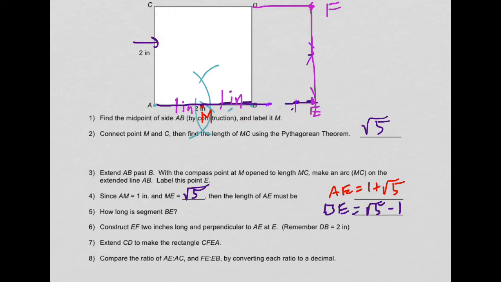And number 8 is compare the ratio of AE, which is this whole line right here, to AC, which is this side. So this side of our new rectangle to this side, which was formerly the side of our square, right? We're going to compare that ratio to the ratio for FE and EB by converting each ratio to a decimal.